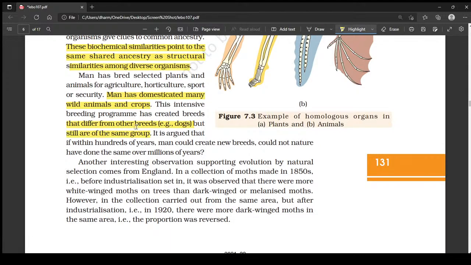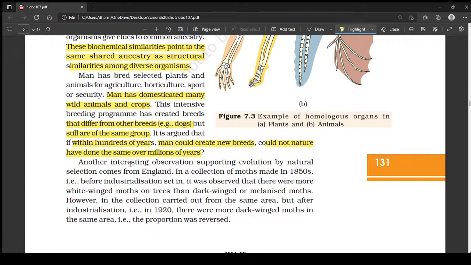It is argued that if within hundreds of years man could create a new breed, could nature not have done so over millions of years? Means a man can create a new breed within hundreds of years, but that will take millions of years for nature.